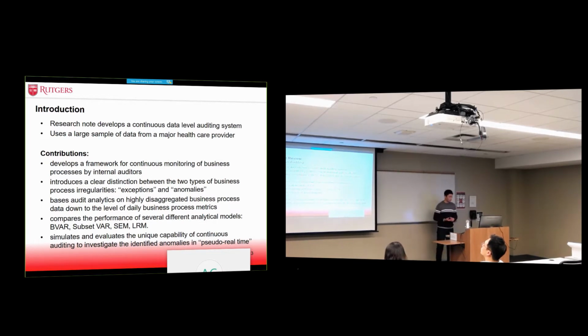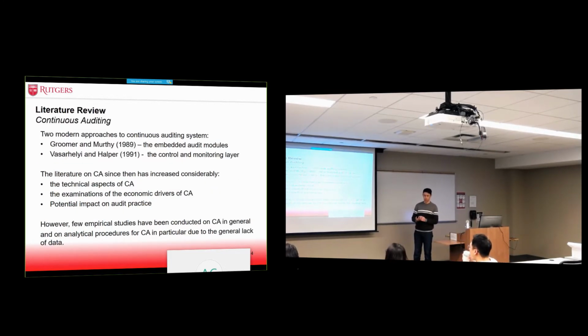Previous literature discussed continuous auditing, but the modern approach was pioneered by two groups of scholars, first Groomer and Murthy. They approached continuous auditing through embedded audit modules, while Vasarhelyi and Halper pioneered it as a control and monitoring layer.